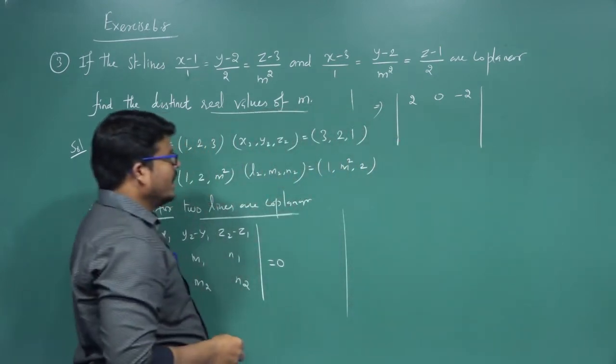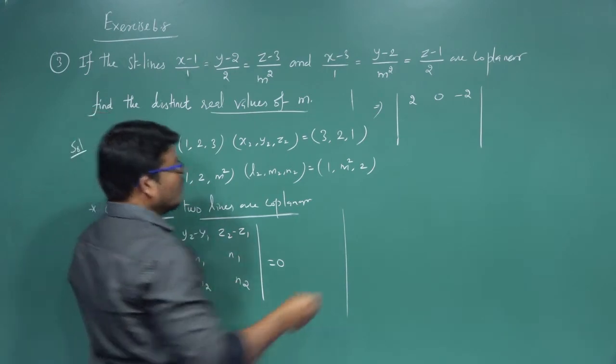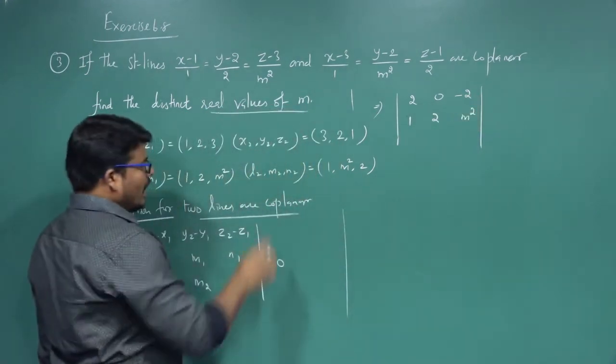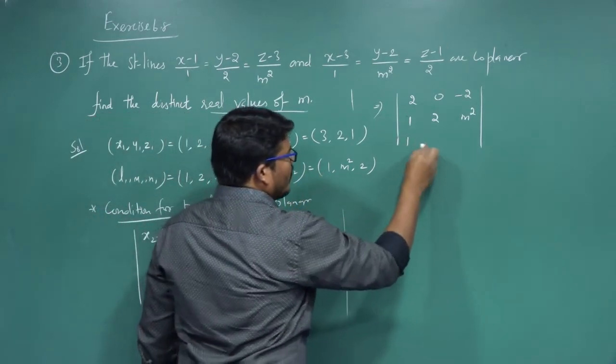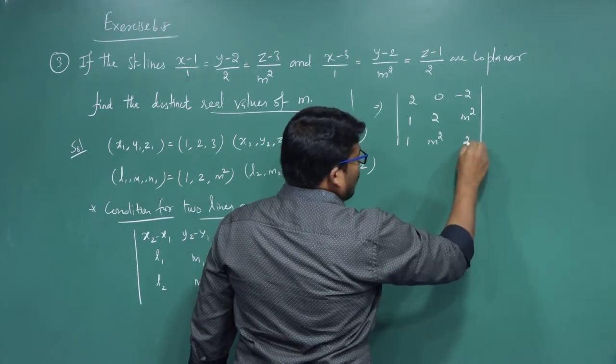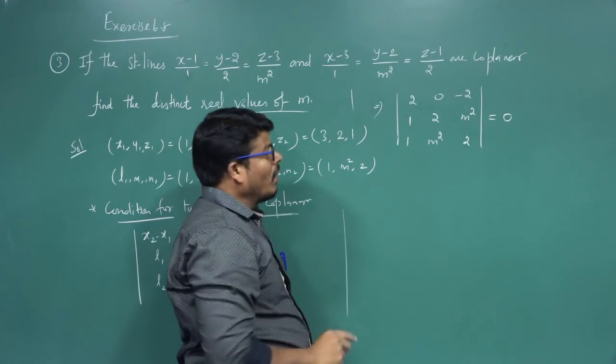Next, L1, M1, N1 is 1, 2, m square, and L2, M2, N2 is 1, m square, 2, and the determinant equals 0 since the two straight lines are coplanar.